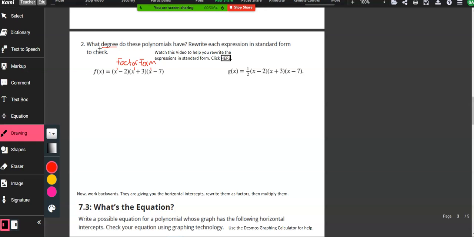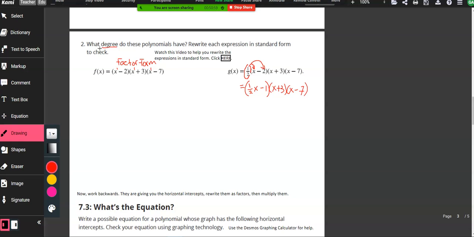Okay. So this one has a 1/2. What I'm going to do here is distribute it inside to this first parentheses. So then that looks like 1/2 x minus 1/2 times 2 is 1, x plus 3, x minus 7.